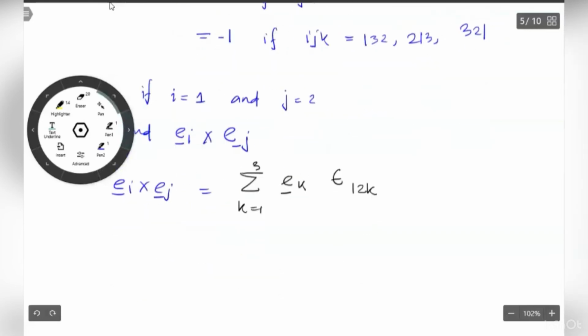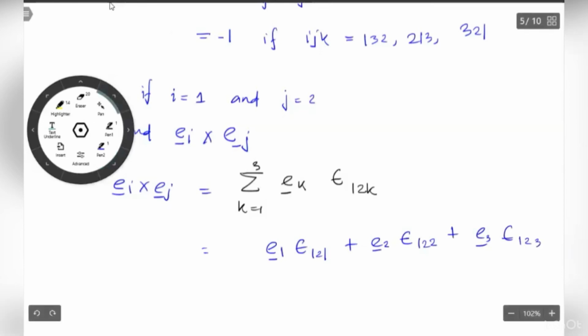Now this is a summation. We have to open this summation and this will become e1 epsilon 1 2 1 plus e2 epsilon 1 2 2 plus e3 epsilon 1 2 3.